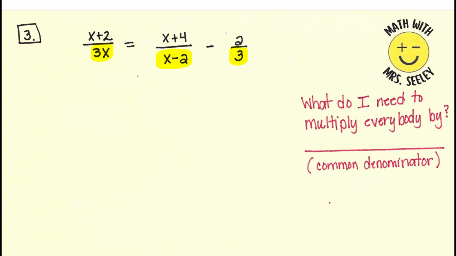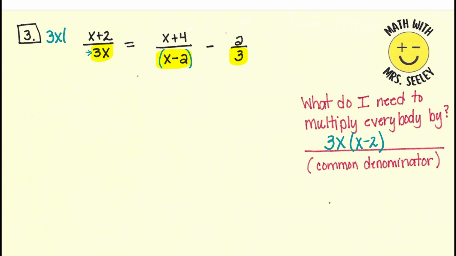So I know that I've got to pick something that a 3 will go into, an x will go into, and the group x minus 2 will go into. So I need to have a 3, I need to have an x, and I need to have the group x minus 2. So we're going to multiply that by every single term.